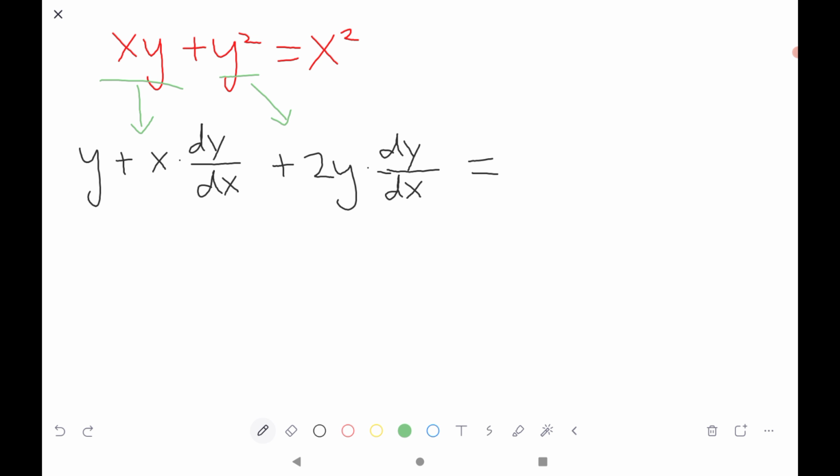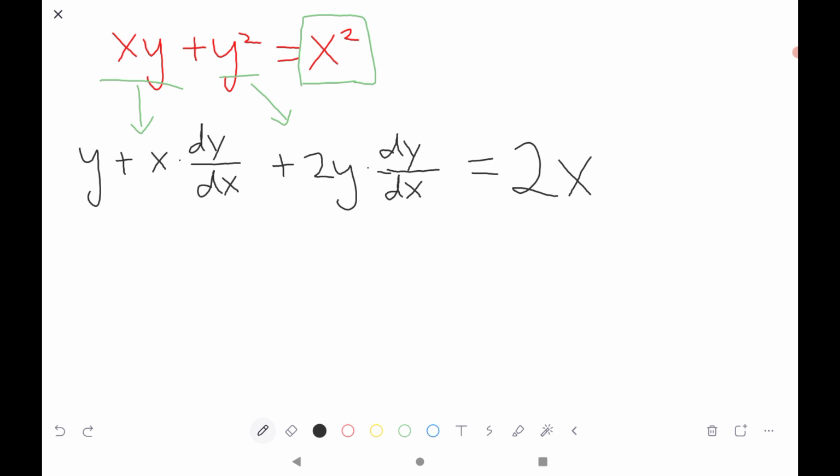Finally, we need to differentiate this last term, x squared. When we take the derivative of that, we get 2x. And we don't need to multiply by dy dx this time because this function, which is x squared, does not involve any instances of y. So that's all the differentiation done. Now we just need to simplify and isolate dy dx.